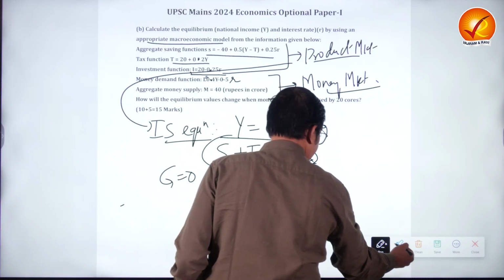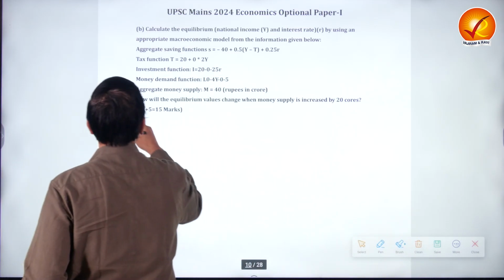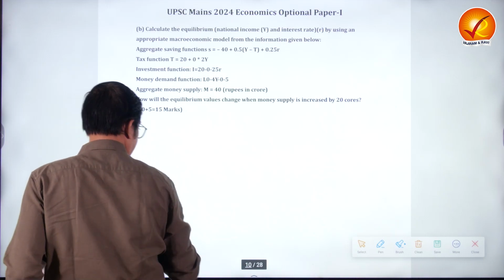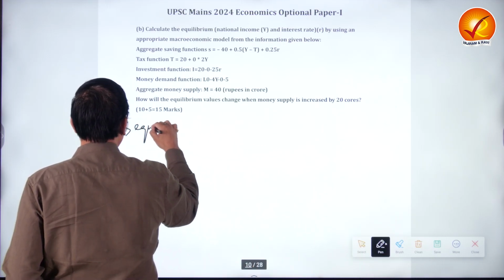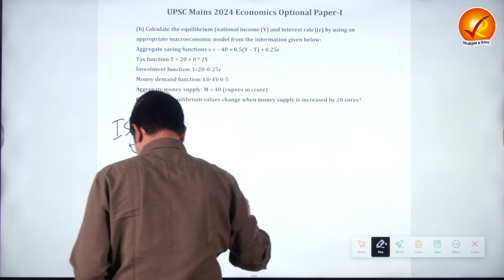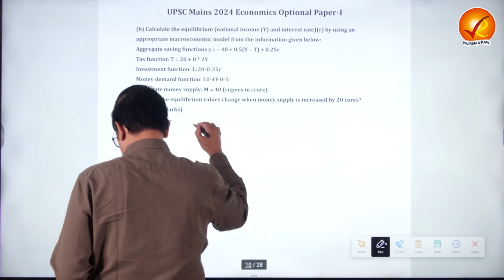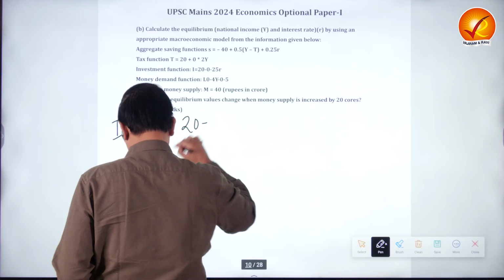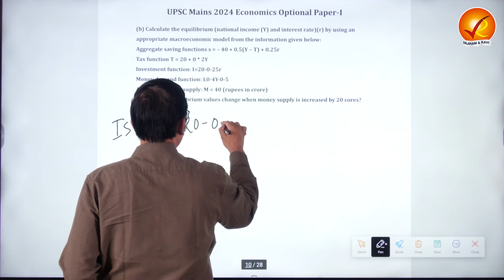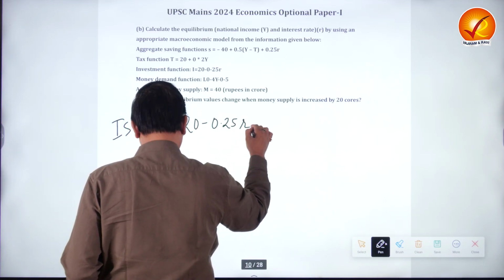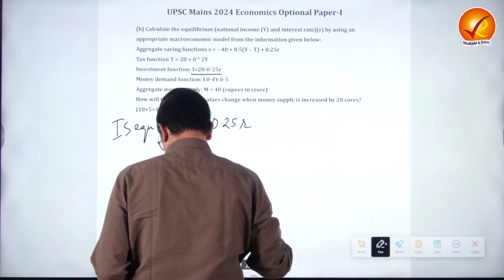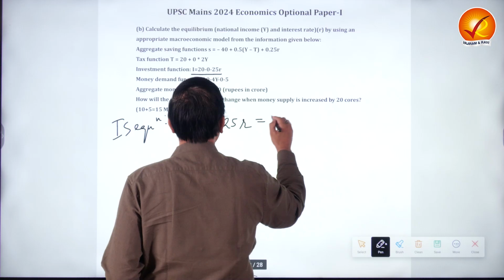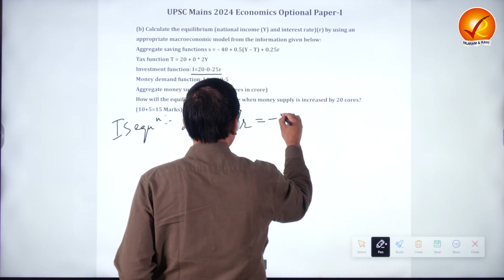For IS equation, we'll write (20 minus 0.25R), which is nothing but my investment function, equal to S plus T. S is what?